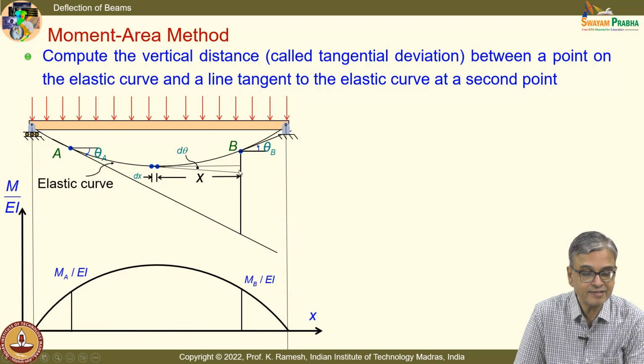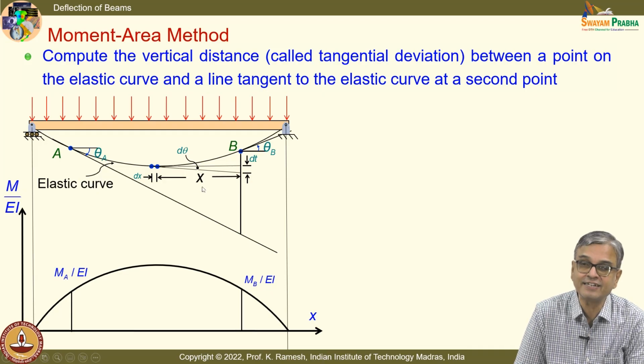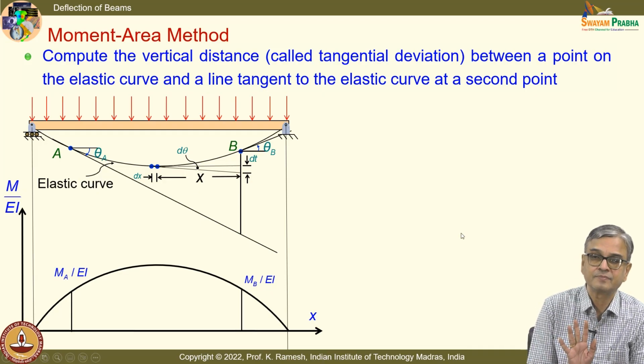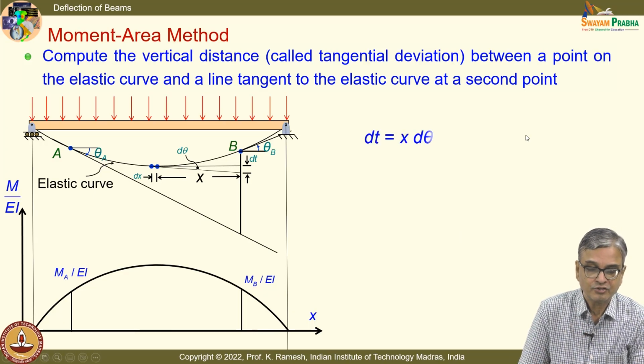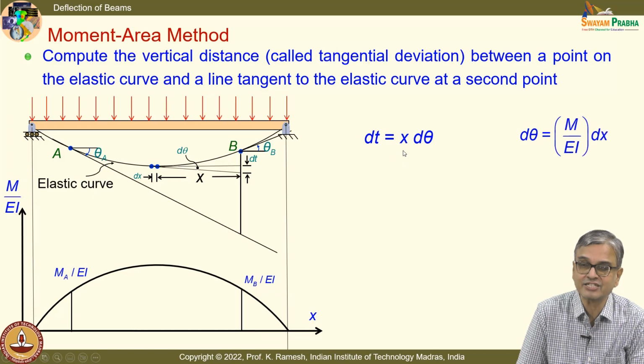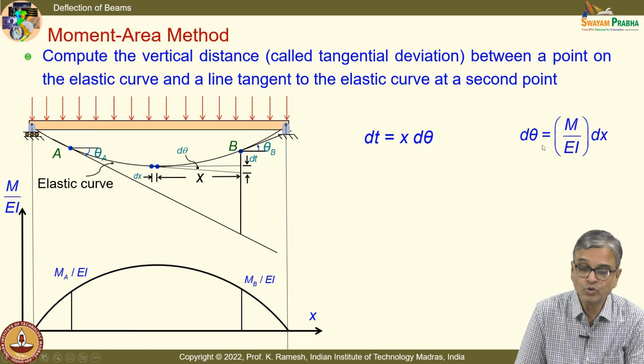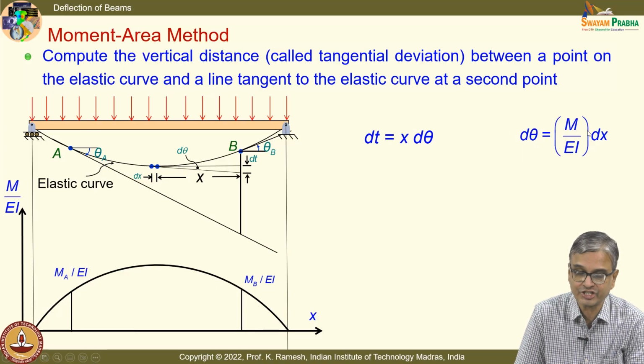So, I can write this distance as dt, and dt you can write it in terms of x and d theta. Is the idea clear? So, I can write dt as x d theta, and you know how to write d theta. D theta we have seen in earlier discussion as M by EI dx.